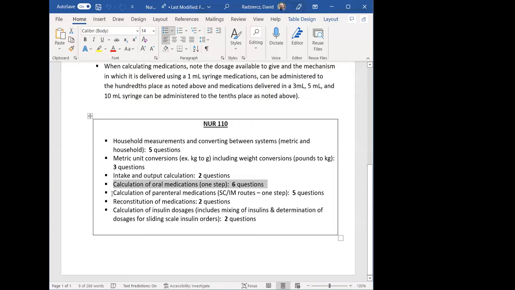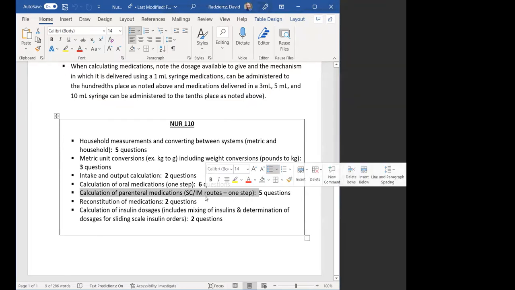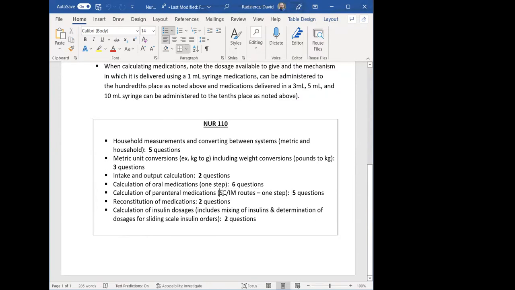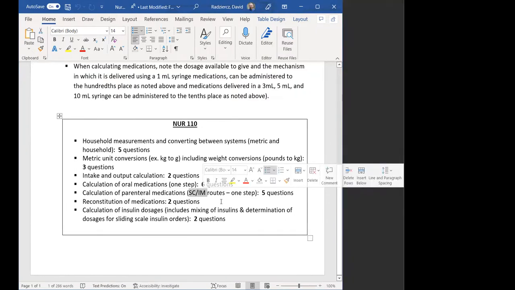Then we'll talk about the parenteral medications, so subcutaneous and intramuscular routes. Anytime you see sub-Q, IM, or even IV, you already know that your answer is going to be in milliliters or cc's, but usually milliliters.